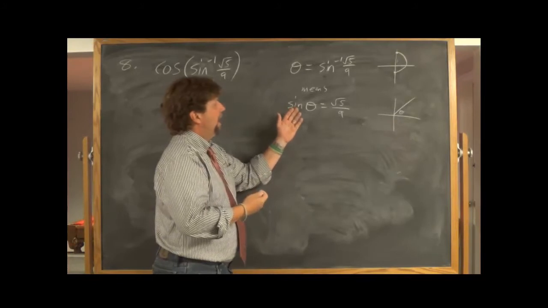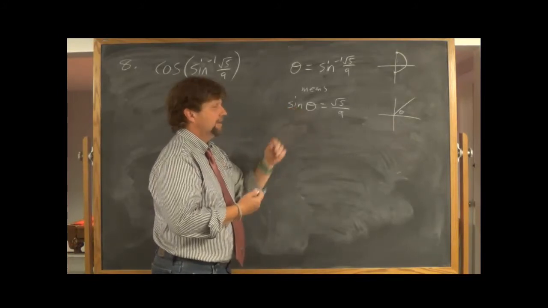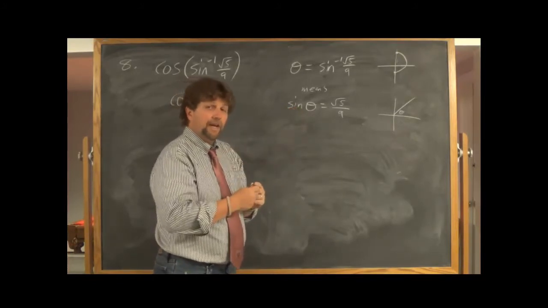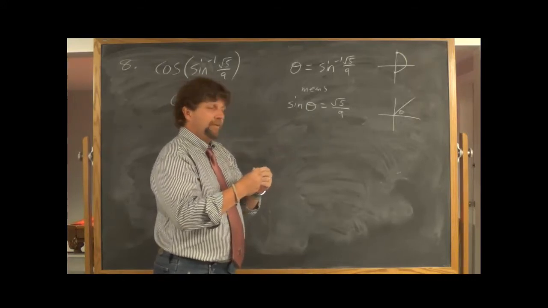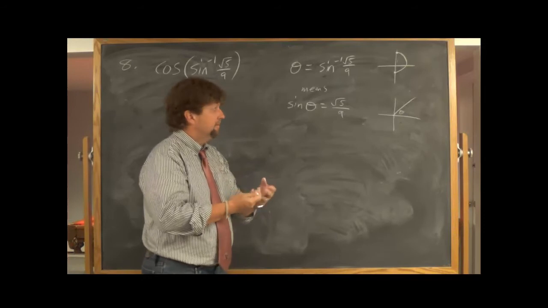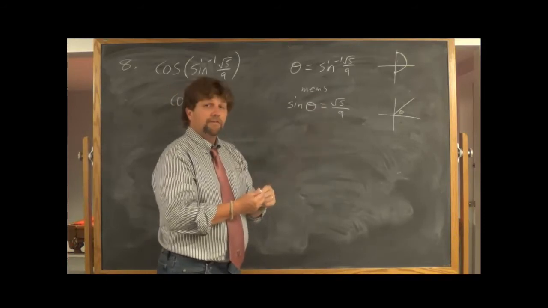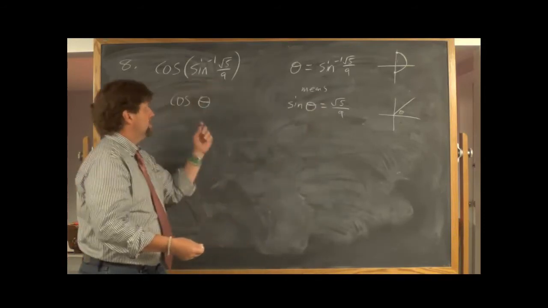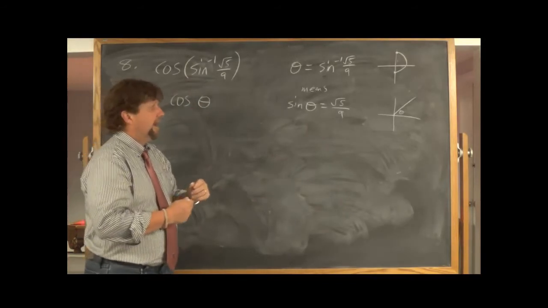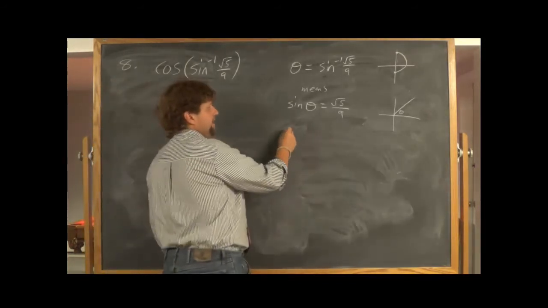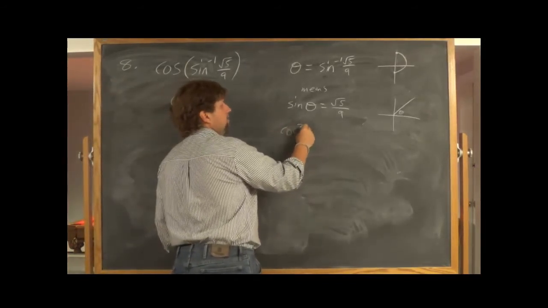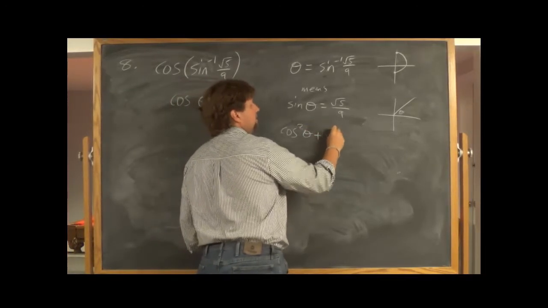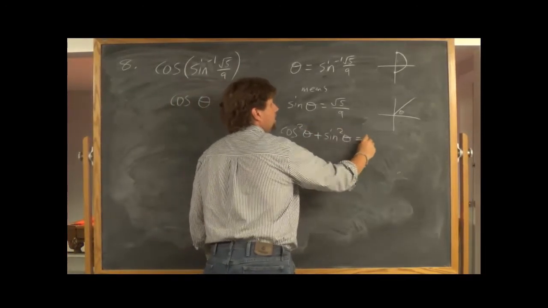So I think I could use this, and I'm going to review an identity now, the Pythagorean identity. Because I know sine is square root 5 over 9, and I want to determine cosine, I could use the Pythagorean identity, cosine squared theta plus sine squared theta equals 1.